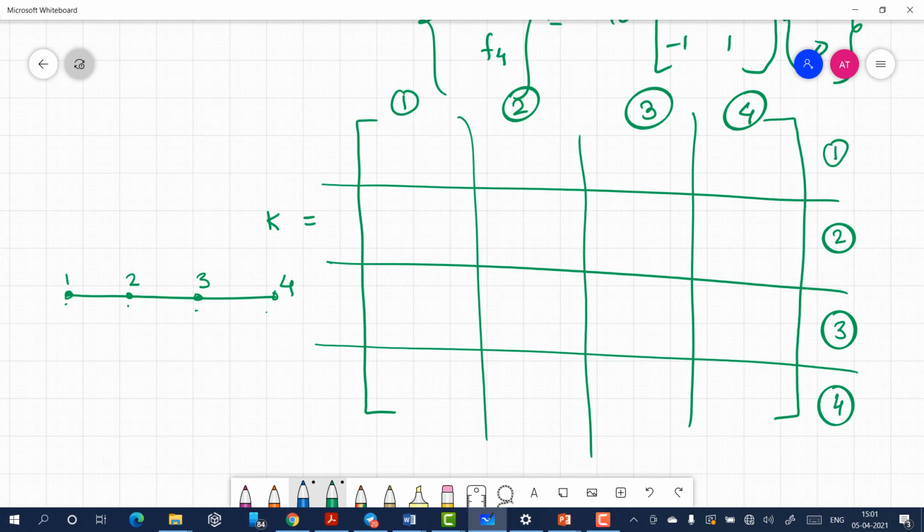So what should I put? If I look at it, this is K11. And then I have K12, right? 1, 2. I don't have K13 and K14. Now I have K21, so 2 and 1 will come here, right?